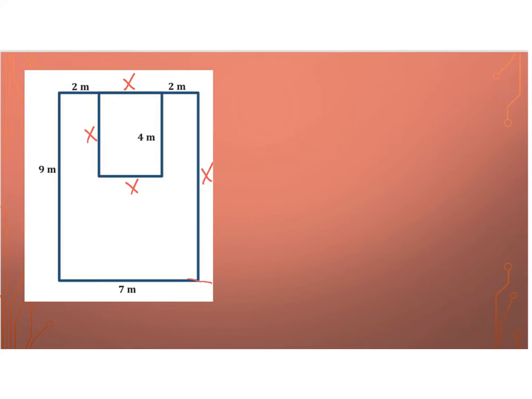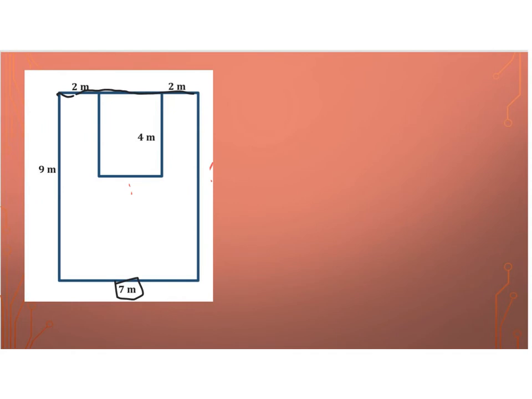Alright, so I'm going to go ahead and erase these X marks. That way we can talk about it. If you remember anything about geometry, you should remember that opposite sides are congruent. So if this is 7 for the rectangle, then this whole segment needs to be 7.